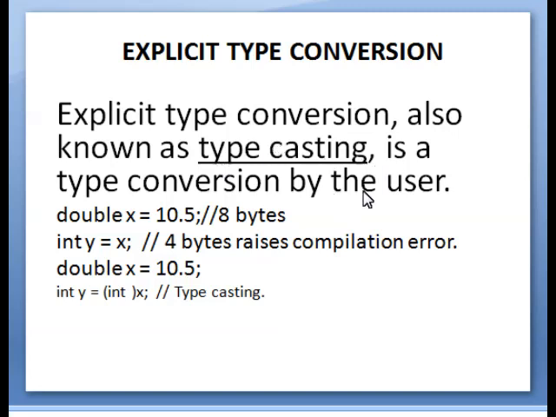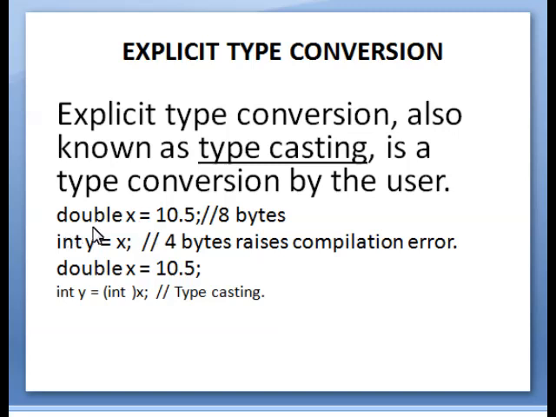For example, double x is equal to 10.5, that occupies 8 bytes. The next one is int y equal to x. So it occupies 4 bytes.